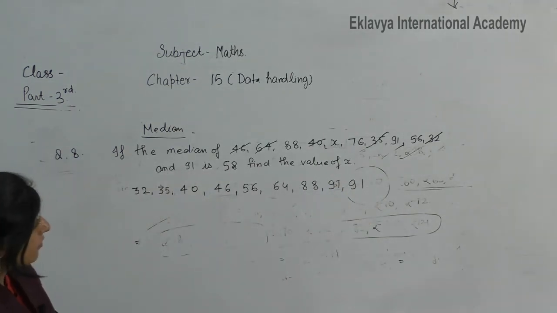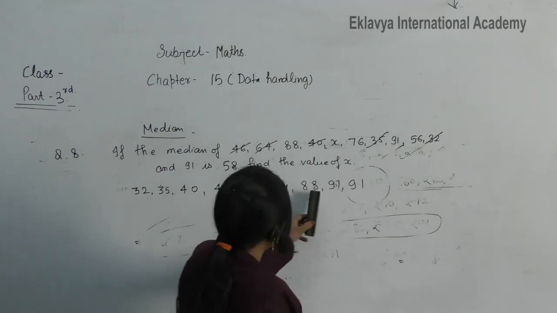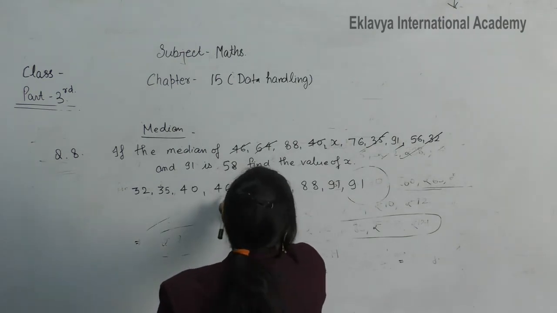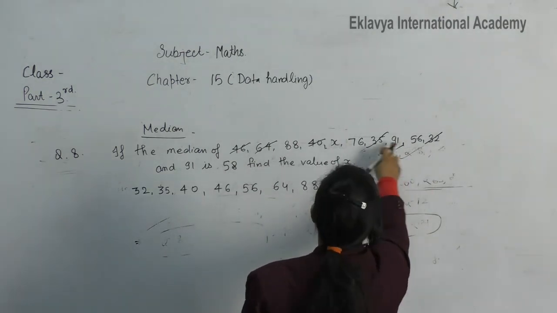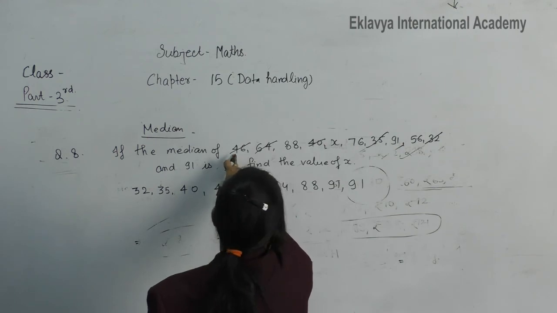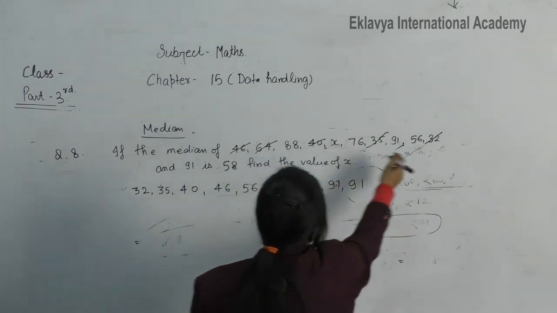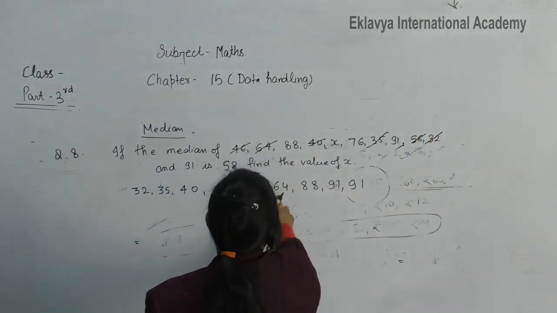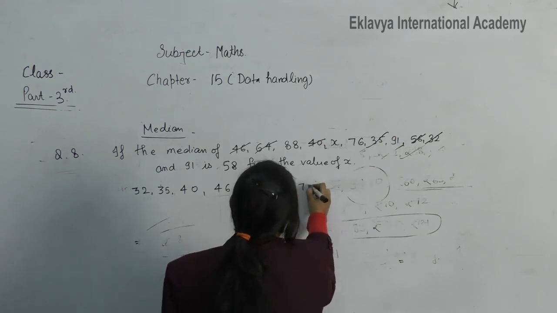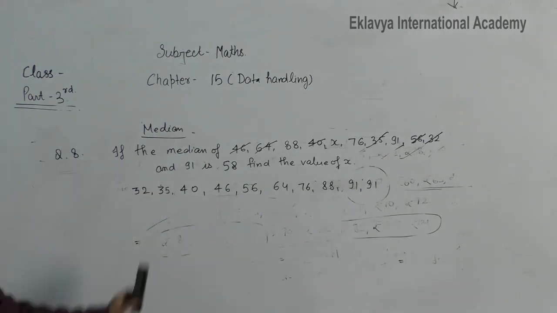Total 1, 2, 3, 4, 5, 6, 7, 8, 9, 10. See here, you have to find out the value of X.